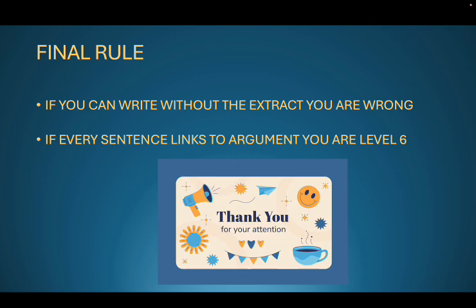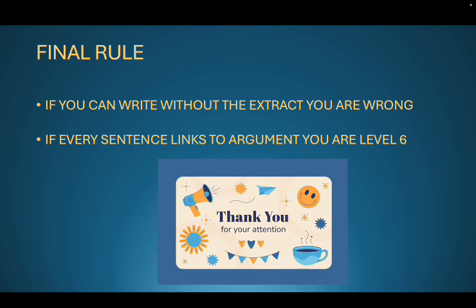Because you get the label wrong, you get capped at level 4, level 5 if you're lucky, max, period. These are exactly why mid-answers get stuck around 26 to 30 marks, while top answers can hit as high as 38 to 40.